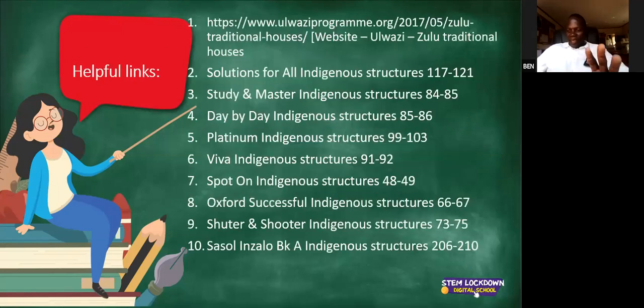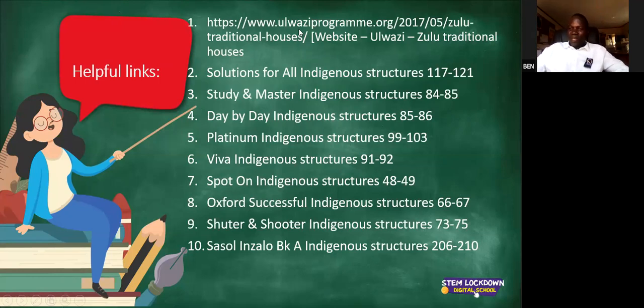Now, I am done with this lesson today. You know the books that you are using. Look at the books, but before you go to the books, look at the website ulwaziprogram.org.